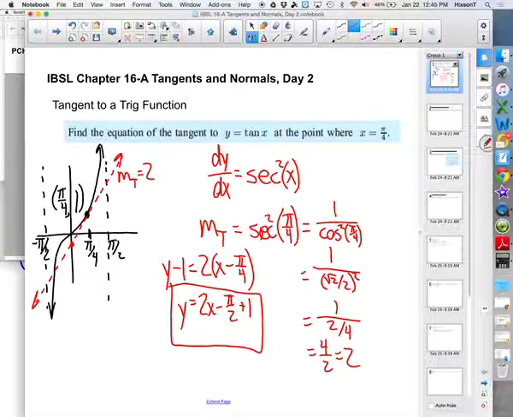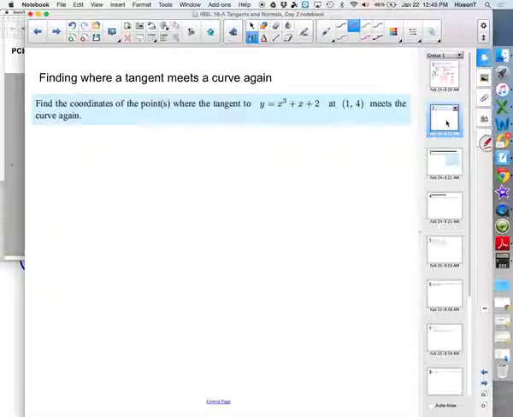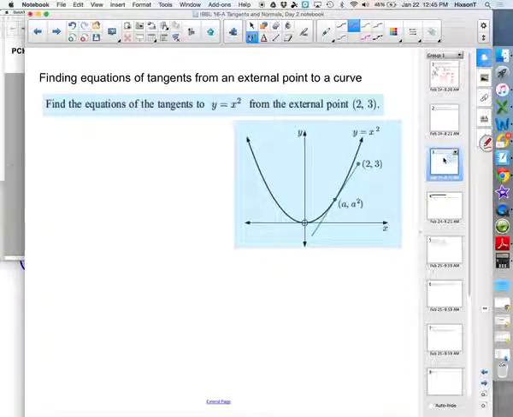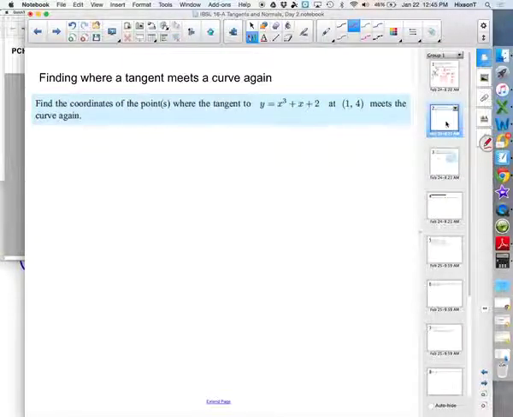Our last two examples here, and that's all I wanted to do as far as examples, have to do with two different things. One is where is a tangent going to hit the curve a second time? And you might say, wait a sec, isn't this a tangent line? I thought tangents only hit the curve at one point.